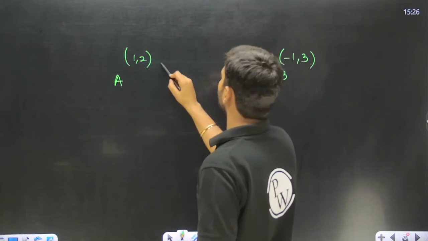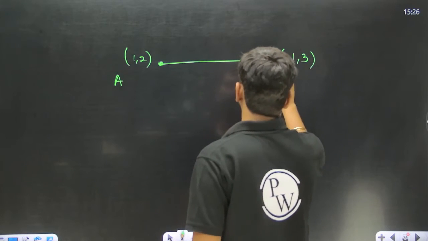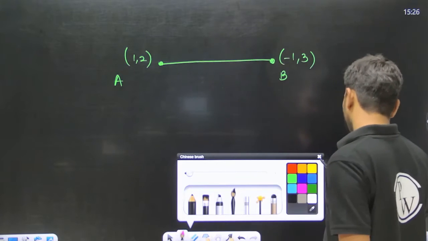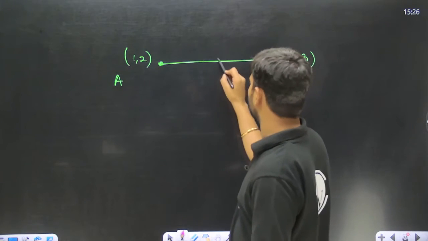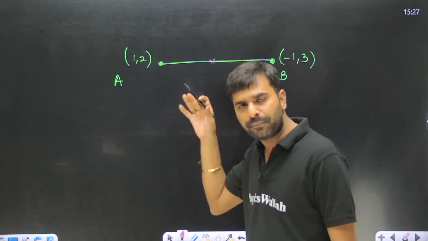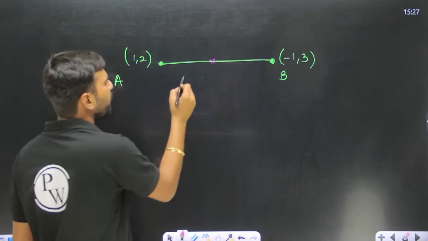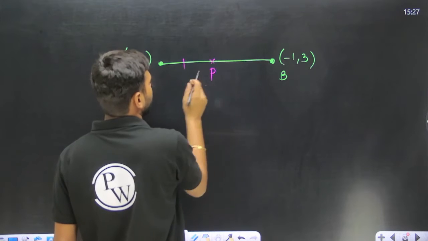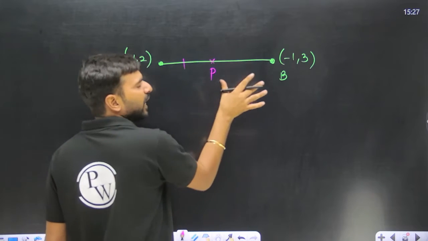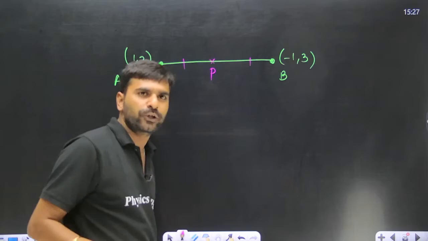Now we have to move in such a way that the distance of that point from these two points has to be equal. So one of these points can be the midpoint, yes or no? Midpoint is one such point from which the distance to A and the distance to B are equal.